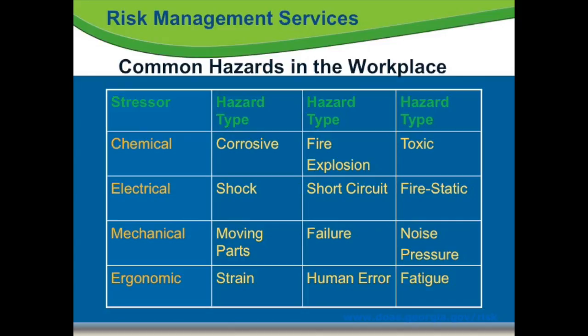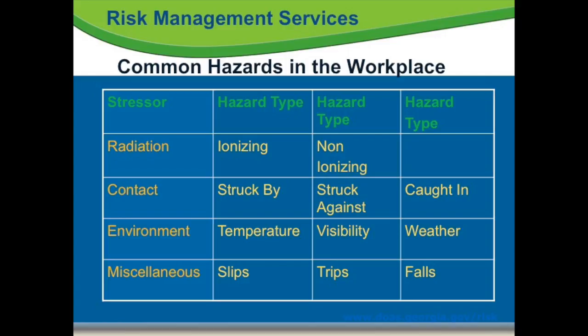And then the type of hazard associated with each of those: chemical would be corrosive, fire explosion, toxic. Electrical could be shock, short circuit, fire, static. Mechanical stressor could involve moving parts, mechanical failure, noise, pressure. Ergonomic can be strain, human error, fatigue. Next page, radiation, contact, environment, miscellaneous, and then the associated hazard types that go with them. Miscellaneous is slips, trips, and falls.